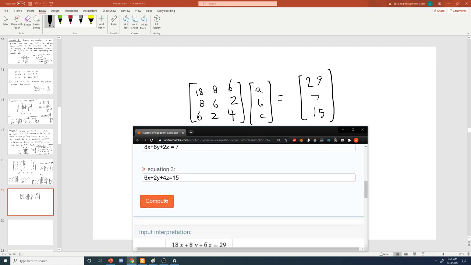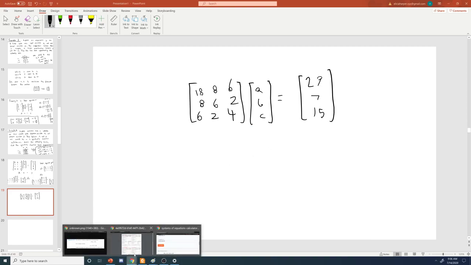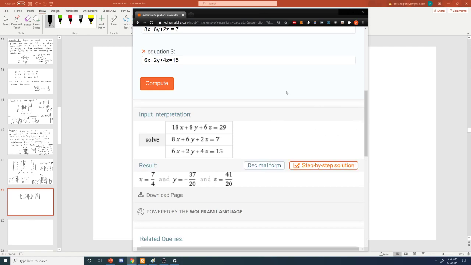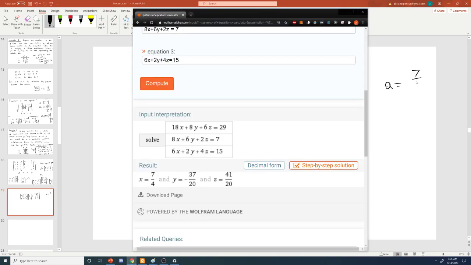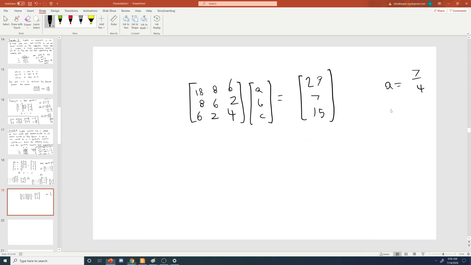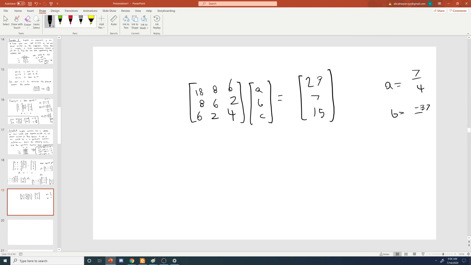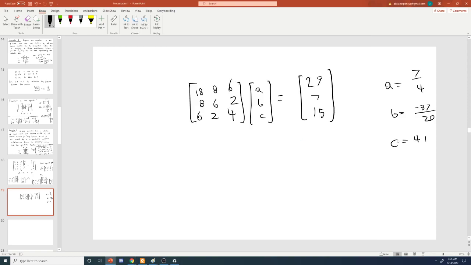So after inputting all of these, I can run through the calculation. And what I find is that A is equal to 7 over 4, B is equal to negative 37 over 20, and C is equal to 41 over 20.